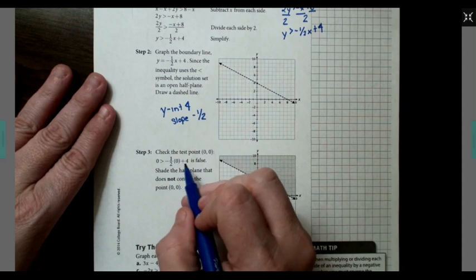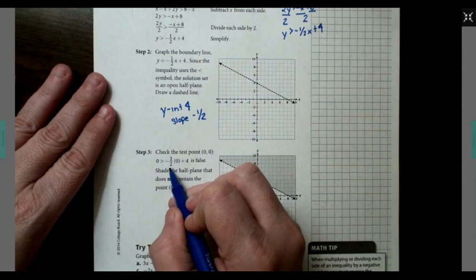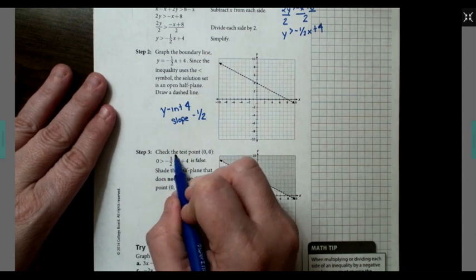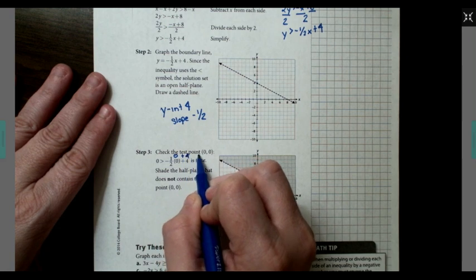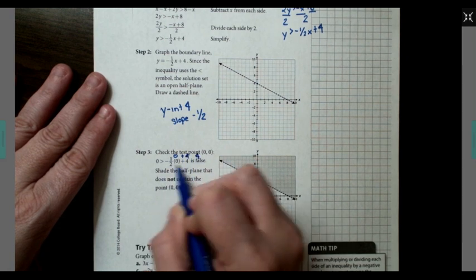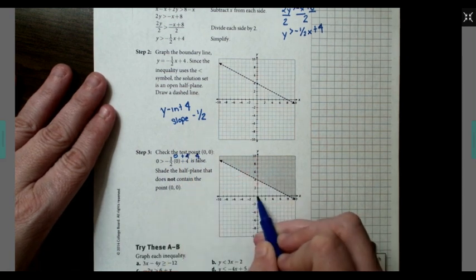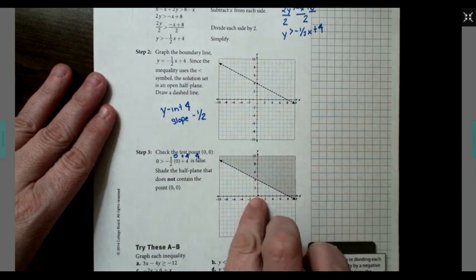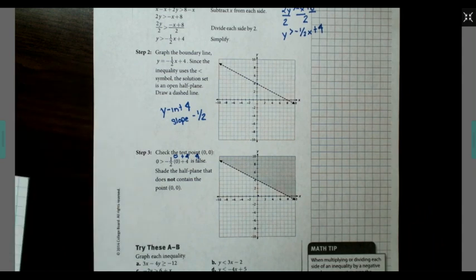They tested the point (0, 0). Negative 1/2 times 0 is 0. 0 plus 4 is 4. 0 is not greater than 4. So notice my test point was over here. I did not shade that area. I shaded the opposite of it.